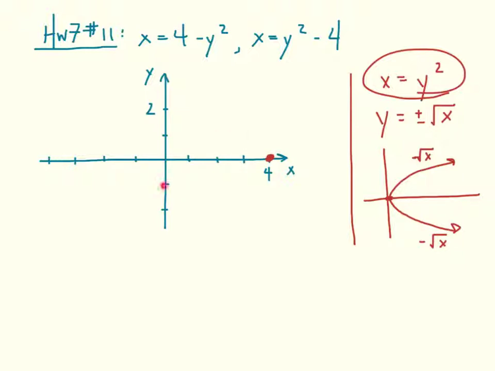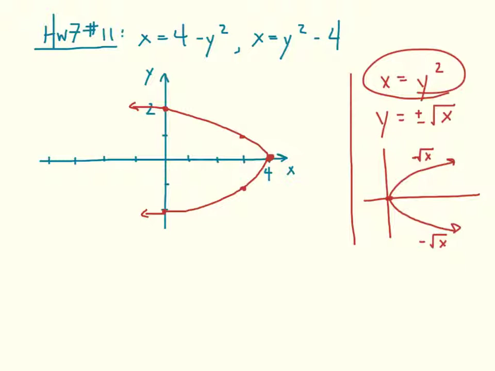If I plug in minus 1, I get 4 minus 1, which is 3. So I get a point there and a point there. What's another easy thing to plug in? If we plug in 2 for y, we get 4 minus 4, which is 0. If we plug in minus 2, we get the same thing. So now we get this sideways parabola flipped over and shifted 4 units to the right. So it looks something like that.